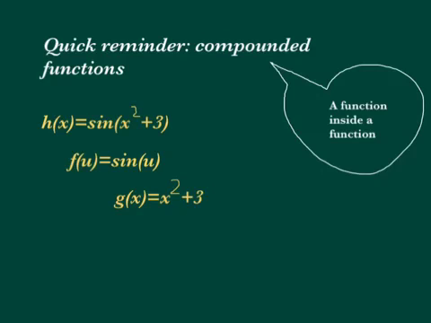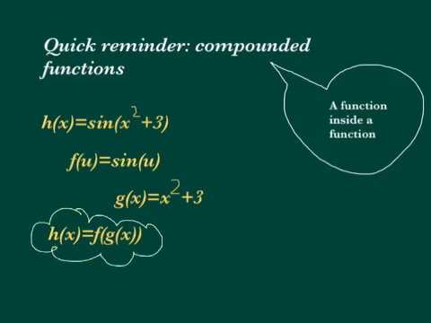We can write h(x) equals f of g of x. So we've got g inside f. f is sine, g is x squared plus 3. Altogether, the function is sine of x squared plus 3.